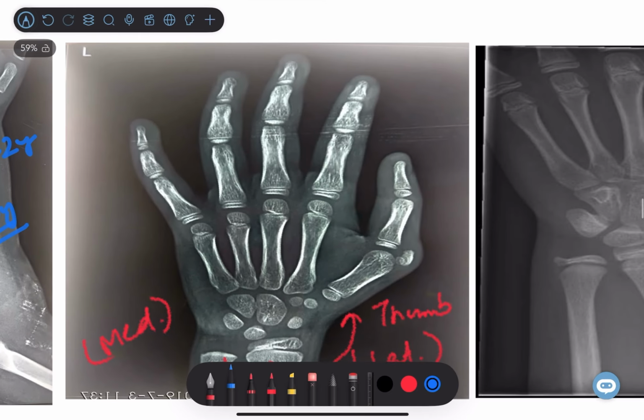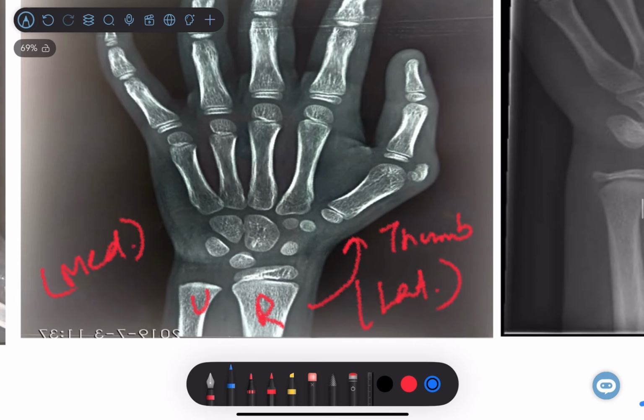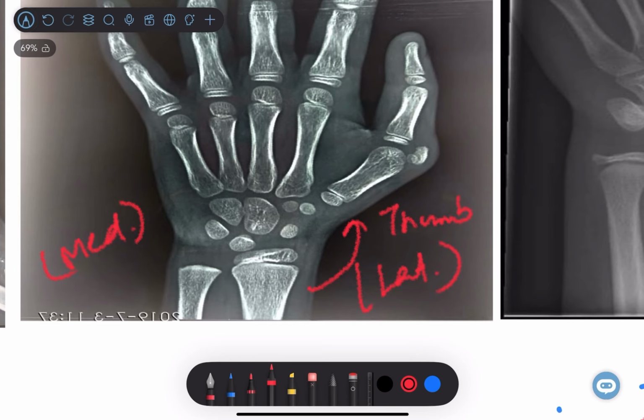Coming on to the second X-ray, what we can see here is the lower end of radius. Ossification center of the lower end of radius has appeared, meaning it is more than 2 years. Carpal bones: capitate, hamate, triquetral, lunate, scaphoid, trapezium, and trapezoid.